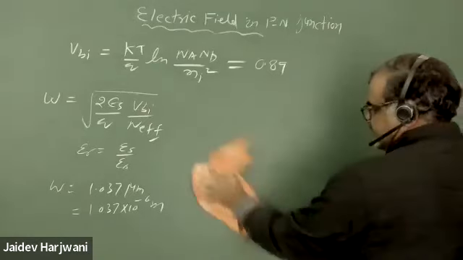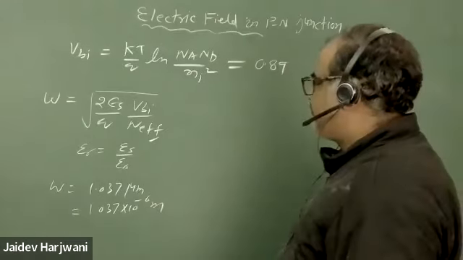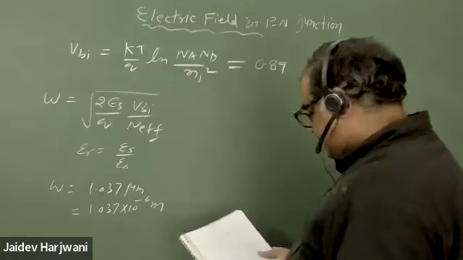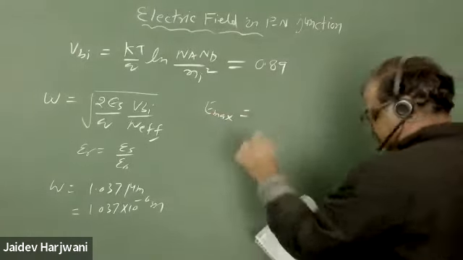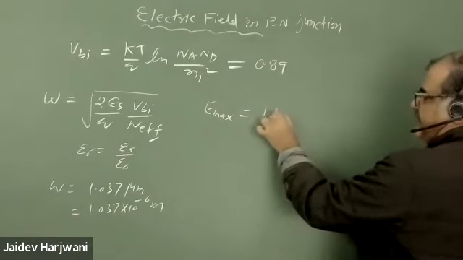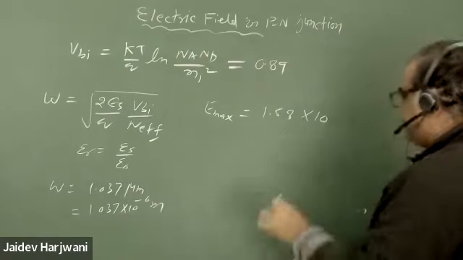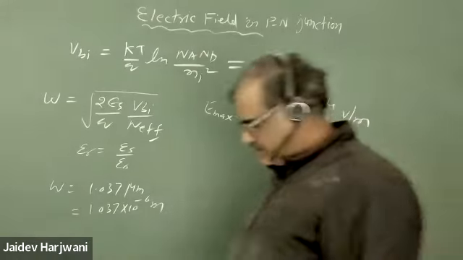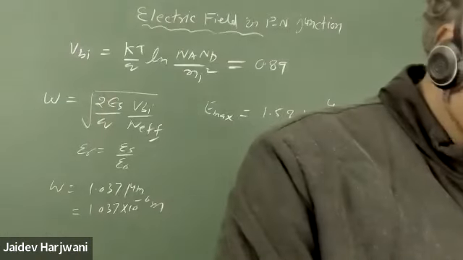Sir, maximum ER value is 11.6? Yes, 11.9, sorry. ER value is 11.9, and the Emax value is equal to 1.58 into 10 raised to power 4 volt per meter. So please check it.